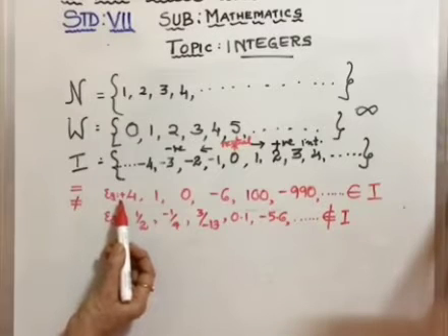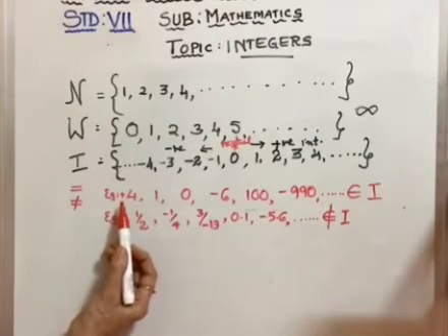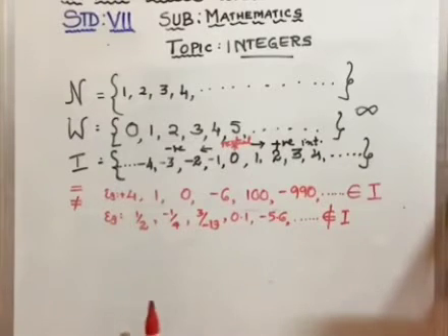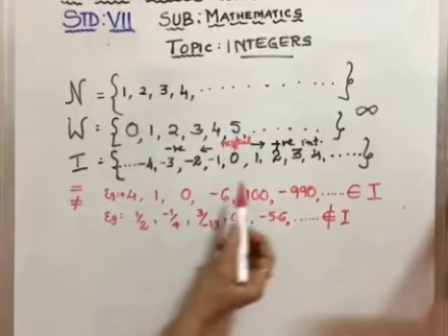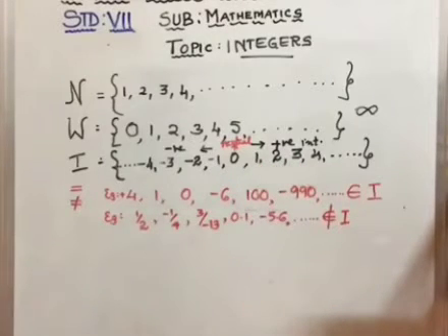If no sign is attached with an integer, then it's understood or taken for granted that it is positive.